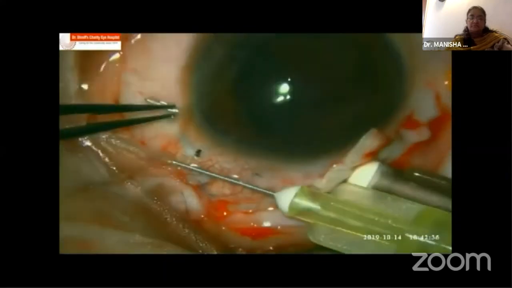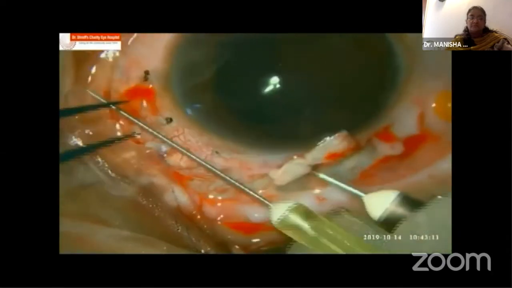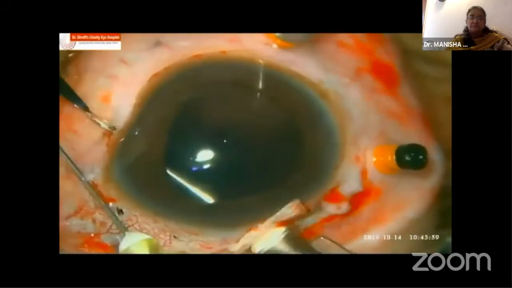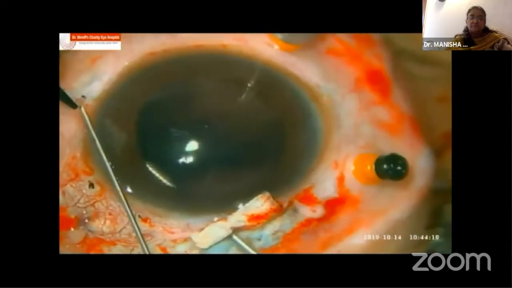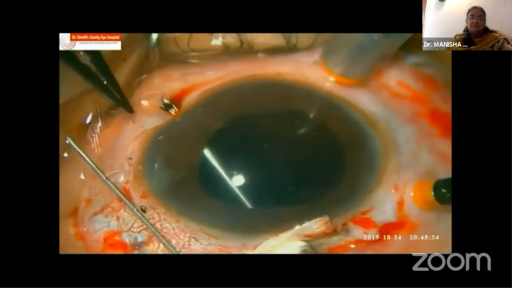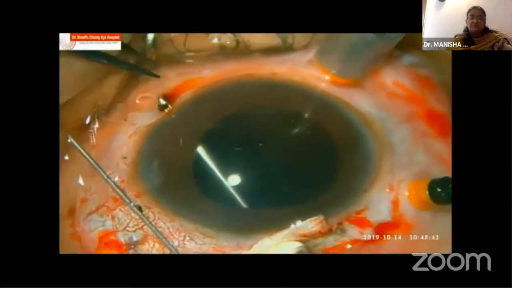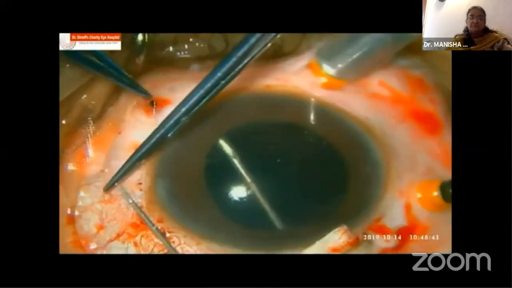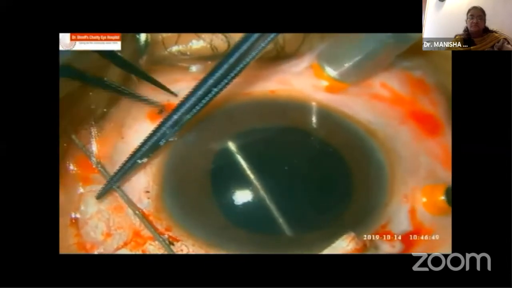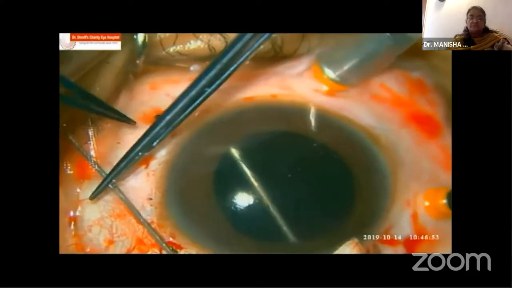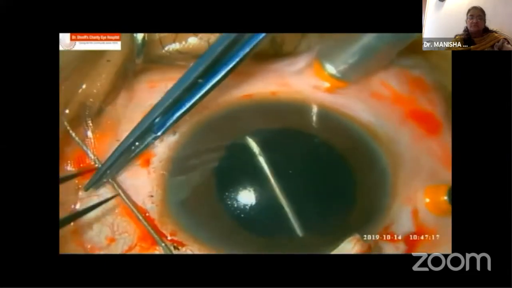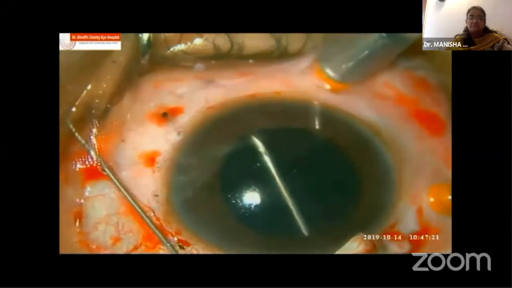This was repeated multiple times and multiple loops were taken out, which were kept in place with the help of the 30-gauge needle. The 30-gauge needle was extended to keep all the loops in place, and the suture was finally pulled out.